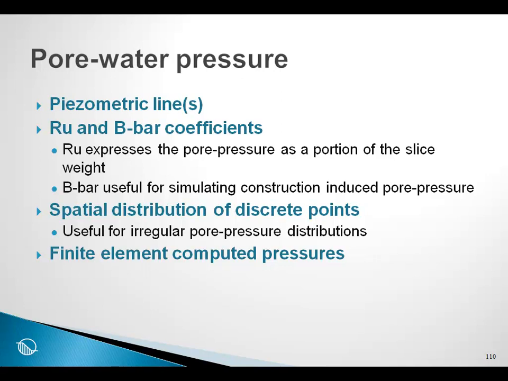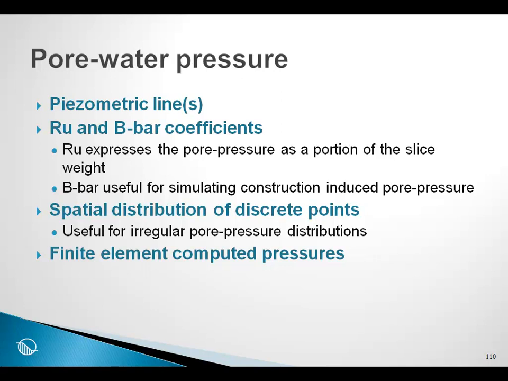Perhaps half of the slice weight goes into pore pressure, or a quarter. I'm not going to spend a lot of time here talking about r sub u parameters, but I will spend a little time on the use of B-bar, which is useful for simulating construction-induced pore pressures.